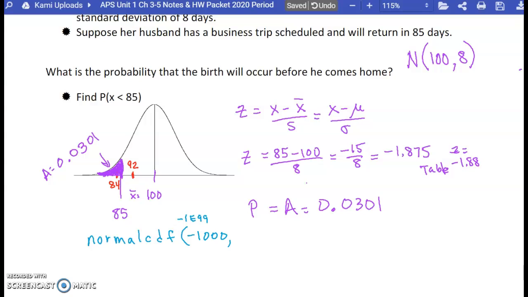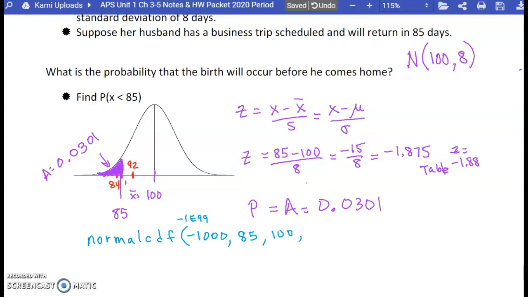-1,000. Now, we can't have negative days of pregnancy, but it doesn't matter what the context of the problem is here. Your calculator is trying to do the math. So that's the lower boundary. The upper boundary here is actually 85. Now we're putting in numeric values, data values here. The mean using data values is 100.